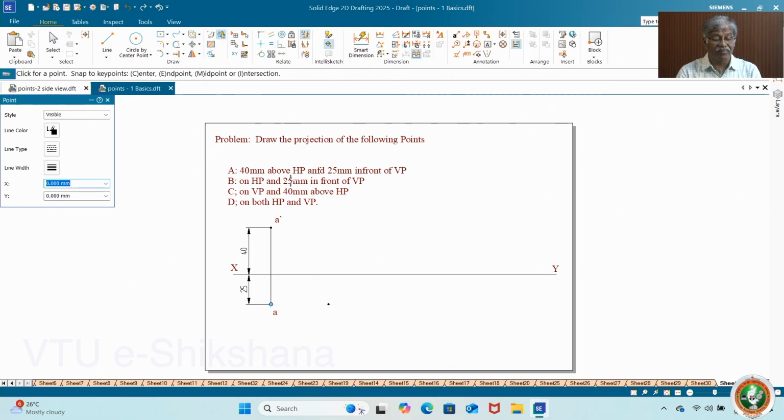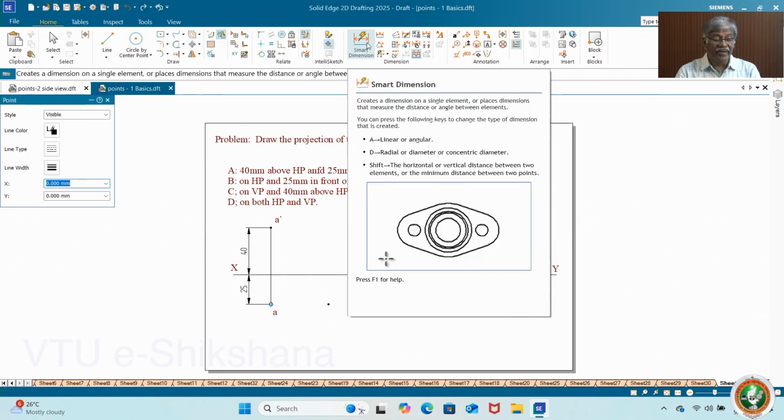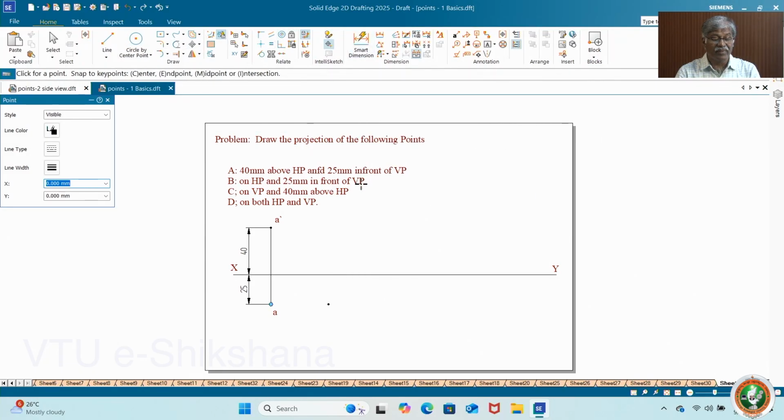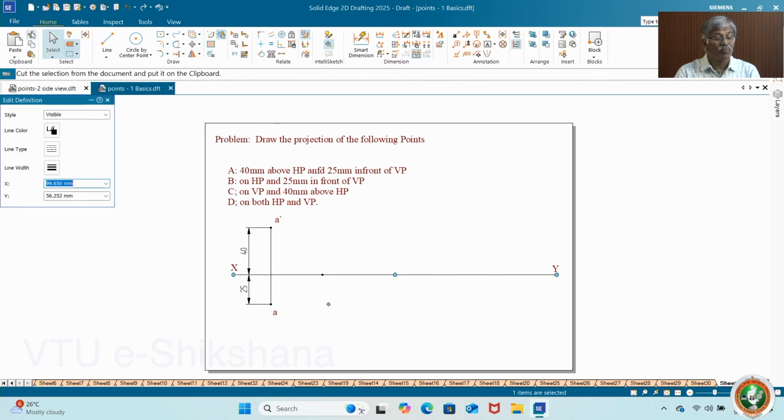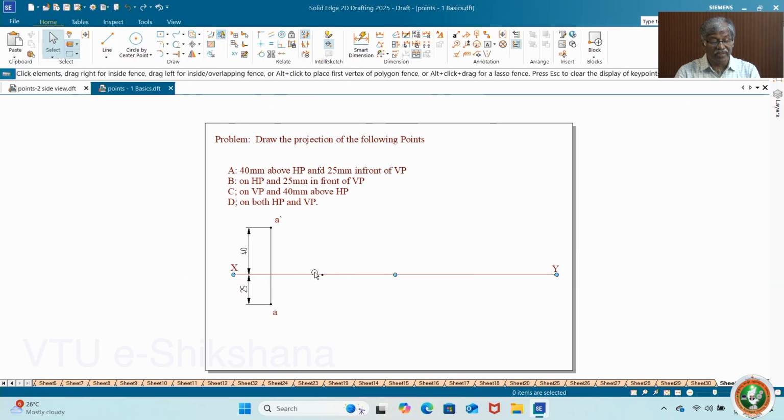Now let me take point B. On HP and 25 mm in front of. On HP means on XY line, no distance from XY line. So take this point on XY line.